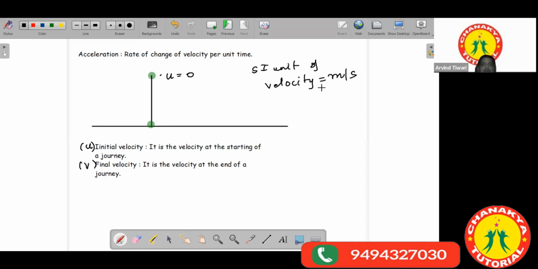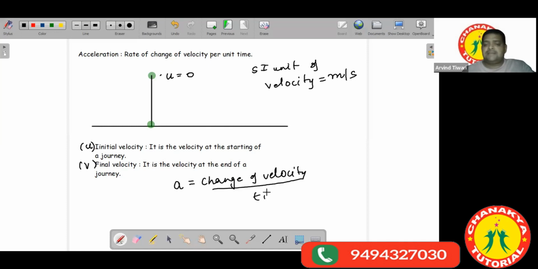So now we will write the formula of acceleration. Acceleration is defined as rate of change of velocity per unit time. So we'll write acceleration a equal to change of velocity by time, and hence we'll write it as v minus u, which is the change of velocity, divided by time.